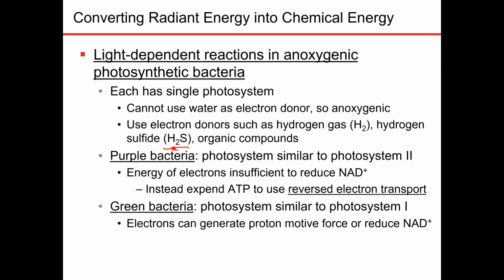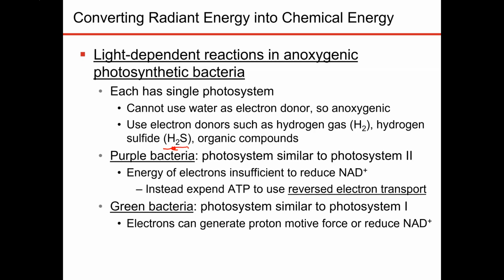When we talk about the light-dependent reactions with anoxygenic organisms, then we can't use water as our donator for electrons because oxygen would be the byproduct. If you're anaerobic, you don't want to have oxygen in the environment. Typically, anaerobic organisms don't do well in the presence of oxygen.